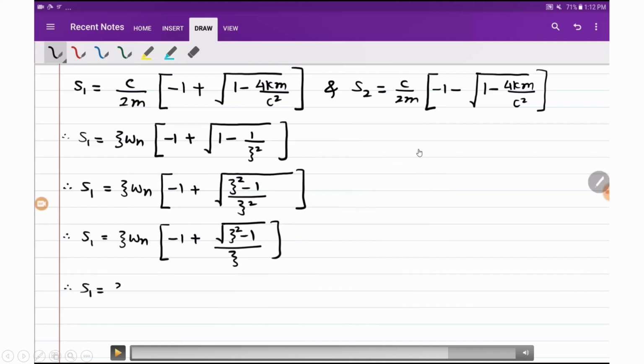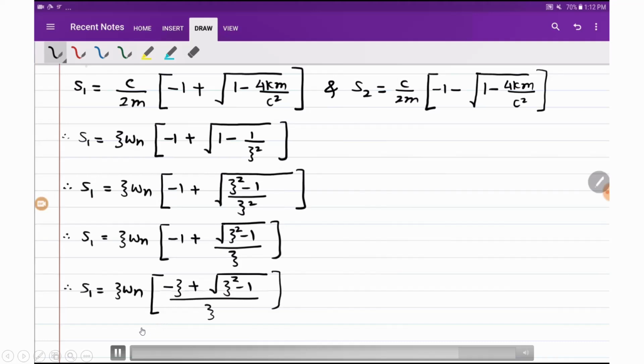Similarly you can do it for S2 also. So zeta omega n as it is, now minus 1 into zeta, that is minus zeta, plus square root of zeta square minus 1, whole divided by zeta. Now you can cancel out the zeta term from this numerator as well as from the denominator.